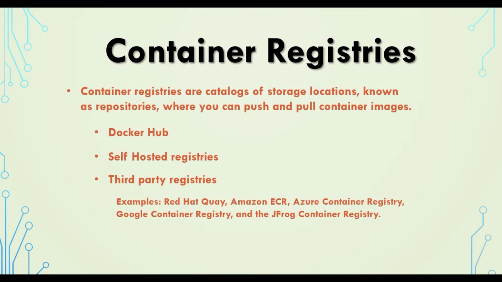There are other ways too, like self-hosted registries, or third-party registries like Red Hat Quay, Amazon ECR, Azure Container Registry, GitLab Container Registry, Google Container Registry, and JFrog Container Registry. You can also create your own registry using Docker registry, which I have shown in one of my videos.